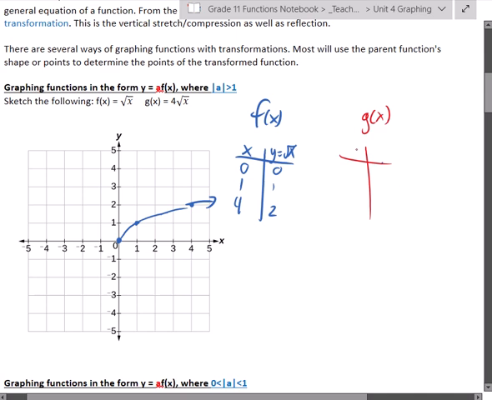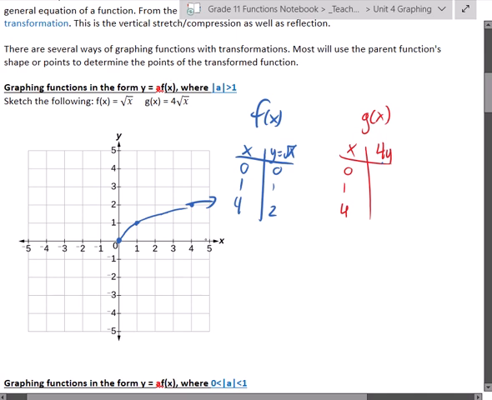So we can have x itself. x remains the same. Our x values stay as is. So we have 0, 1, and 4, and then we have y equals 4 root of x. You can also rewrite this as 4y. That means we're taking these initial values we had and multiplying them by 4.